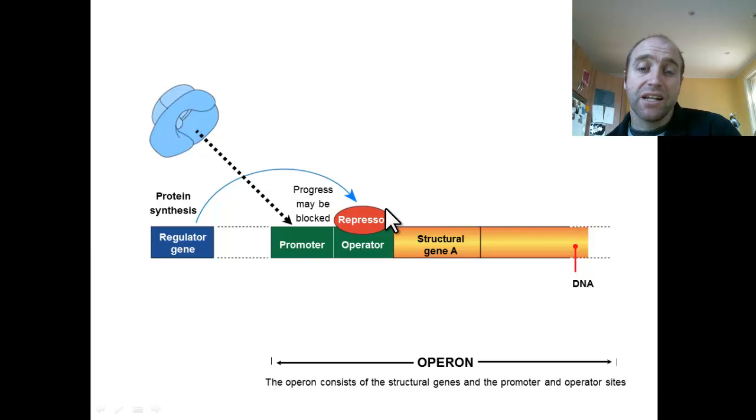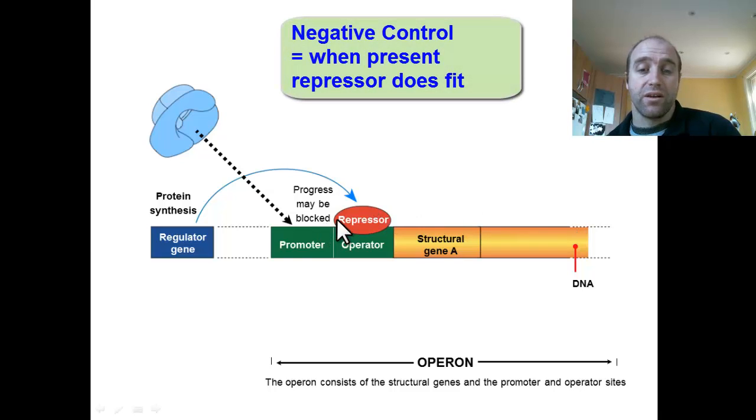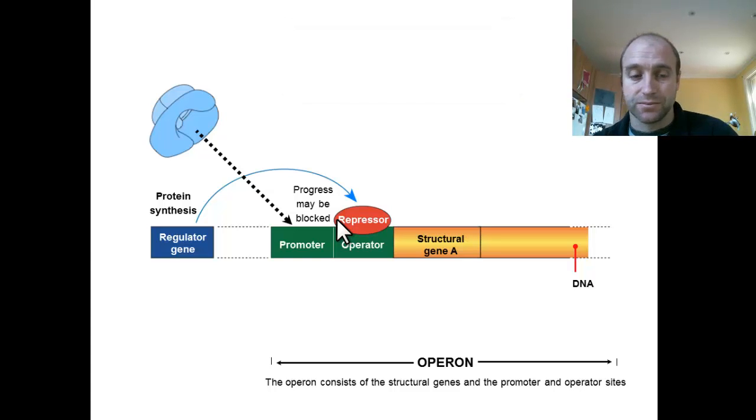It could also be negative control, where when a particular chemical is present, it fits with the repressor protein, and it then does fit into the operator gene, switching it off, stopping RNA polymerase traveling along and reading the genes.